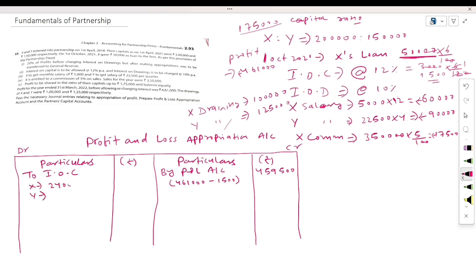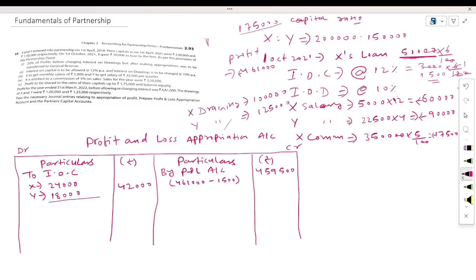X capital will be 24,000. Y capital 12,000 of 15%, it means 18,000 will be here. What will be the total interest on capital? The total interest on capital will be 42,000.